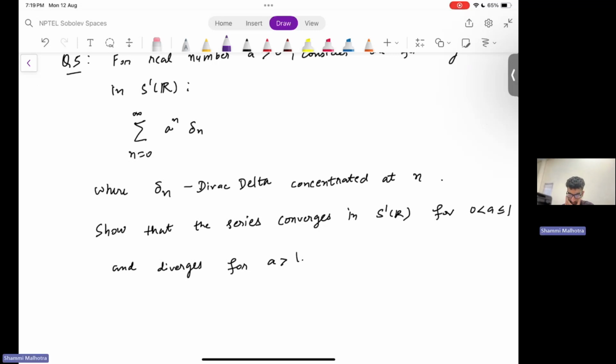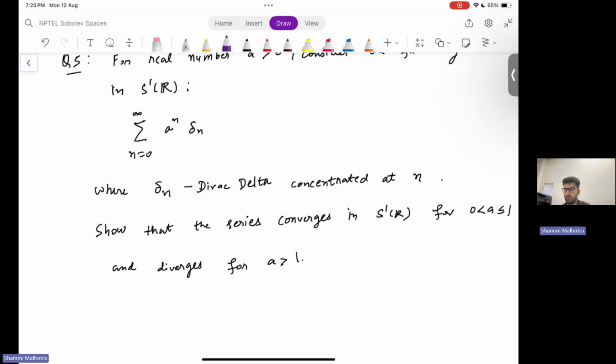So we have to show that this particular series converges whenever a is less than or equal to 1 and diverges when a is greater than 1. So this more or less behaves like the power series, like a geometric series, except for the case when a is equal to 1. So it's a bit different there.